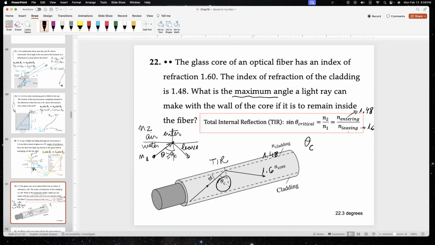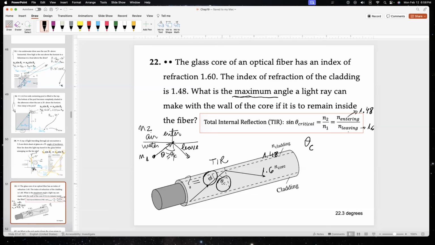So therefore, the problem requiring a maximum angle means that it wasn't asking for theta critical. It really was asking for this phi, because I know theta critical is a minimum limit, and it can be bigger than the value of theta critical and it's going to work.